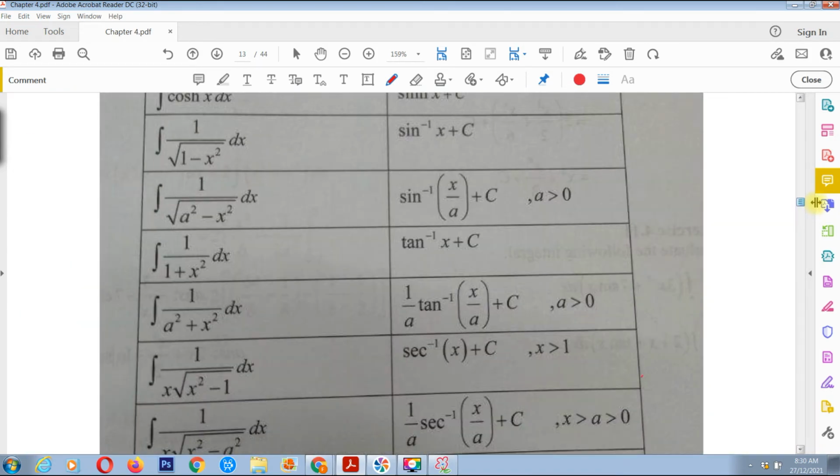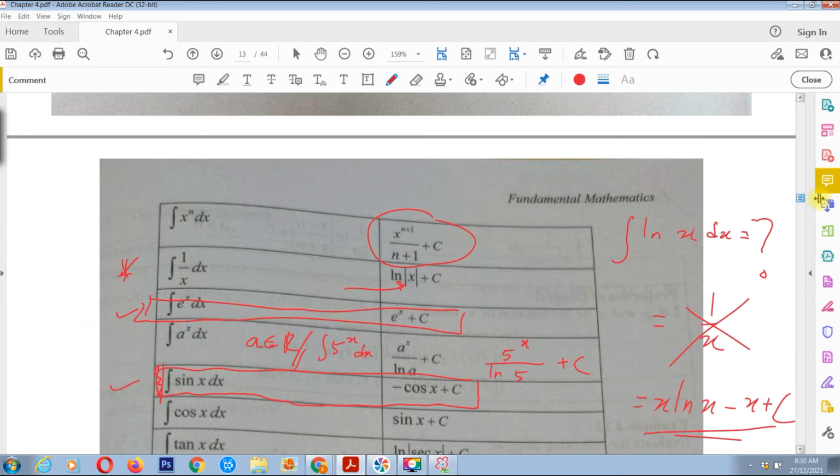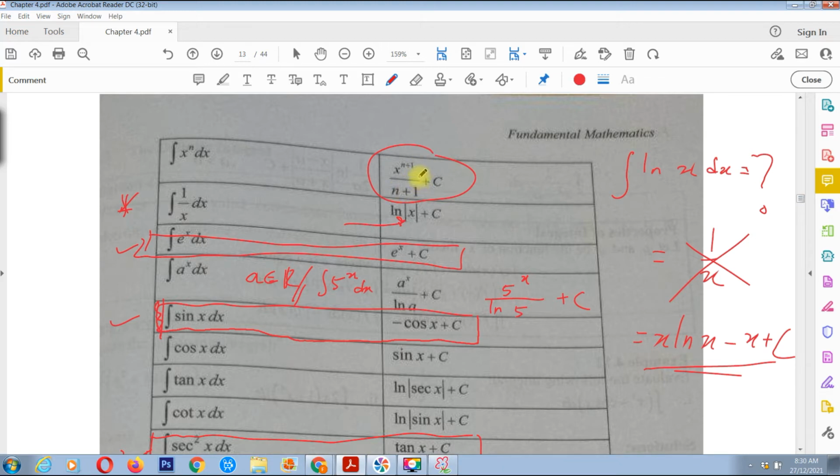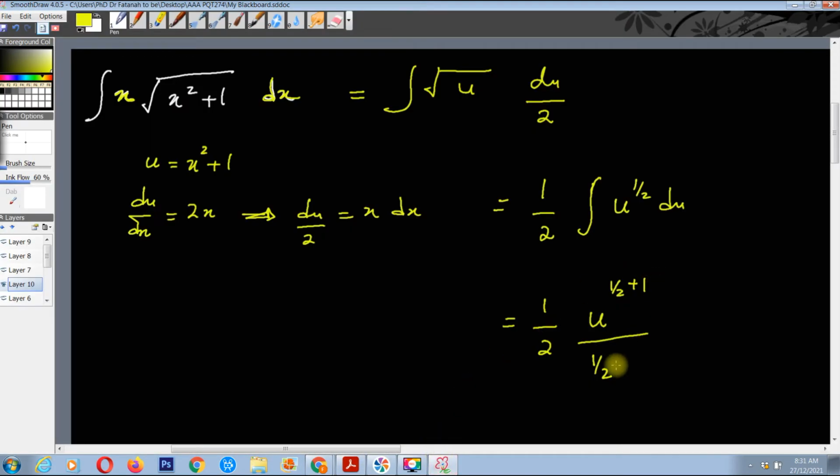Okay, we see here, if we have x to the power of n, then n plus 1, so copy n plus 1, so 1 over 2 plus 1, copy everything here, and then plus c.